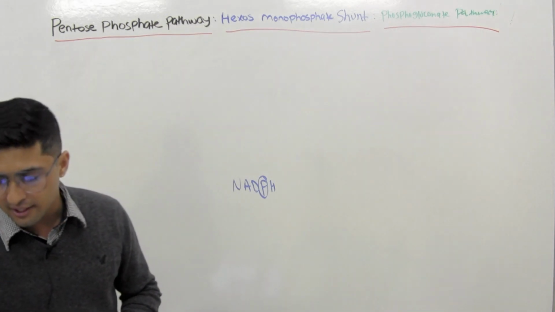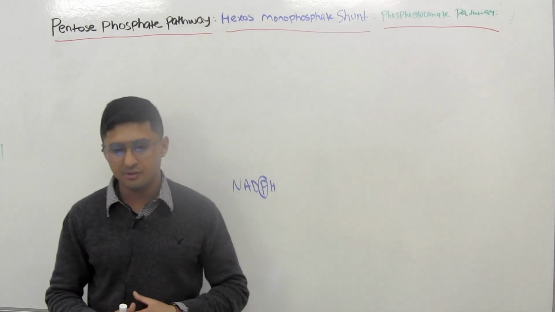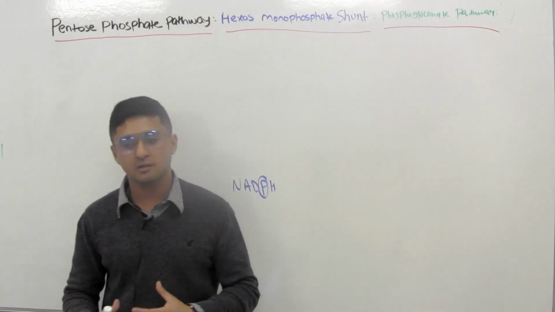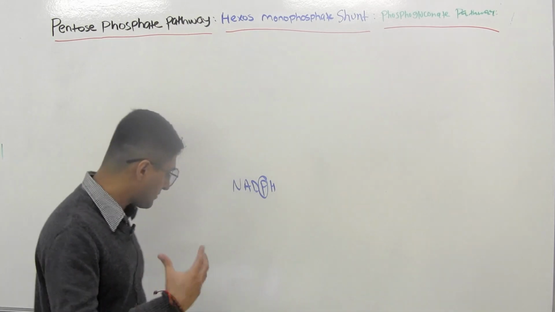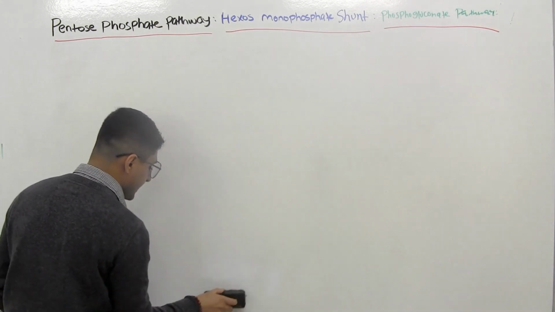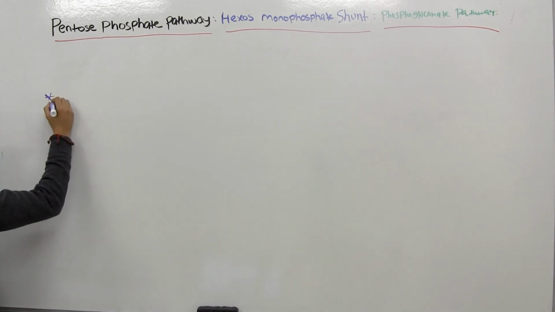And primarily, a few things you also have to understand is where this is happening. Usually it happens mostly in the liver cells, but let me write this down, the places where it happens. One of the places is the liver cell.